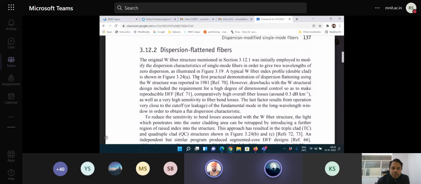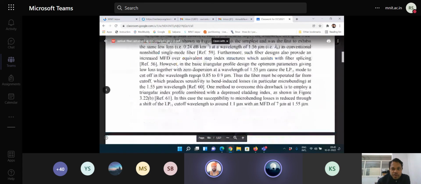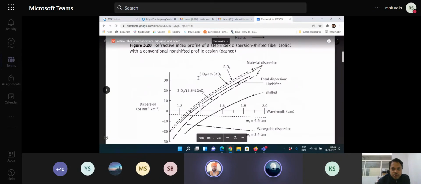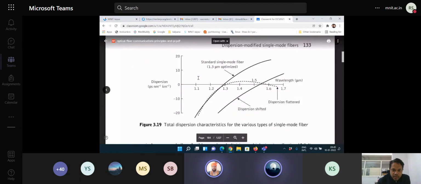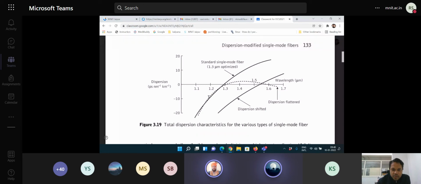And the next thing is the dispersion flattened fibers, which have the profile as shown here. So the dotted line that you see here corresponds to the dispersion flattened fiber. So this is not exactly flat, but it's better than the slope that you can see here for the standard single mode fiber or the dispersion shifted fiber.